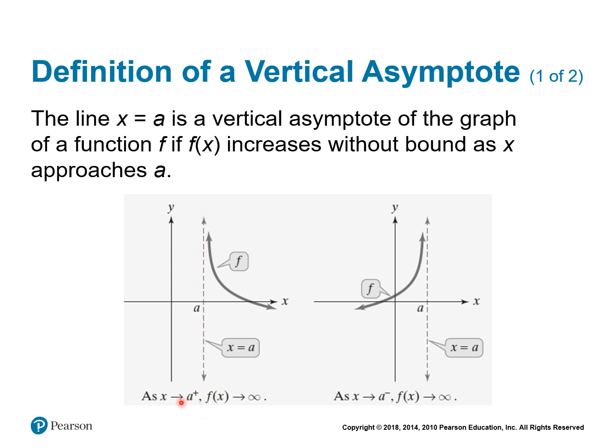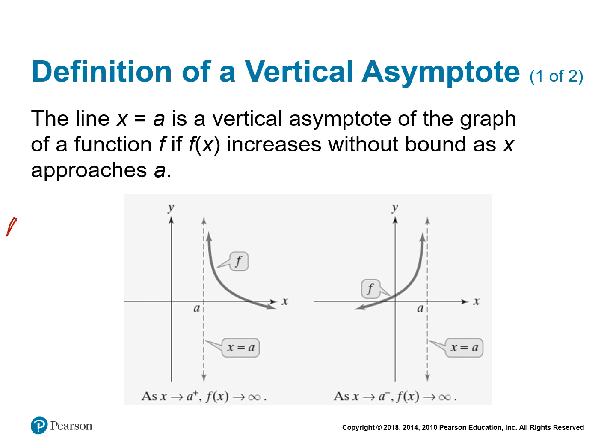So as x approaches a, with a positive sign as a superscript, it reads: as x approaches a from the positive side of the x-axis, the function f of x approaches positive infinity. Let me write that out.